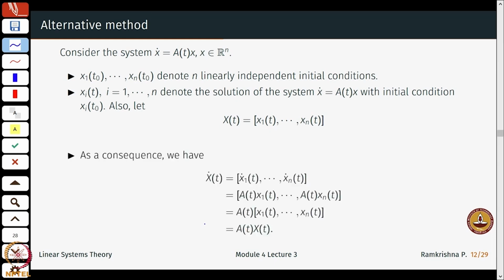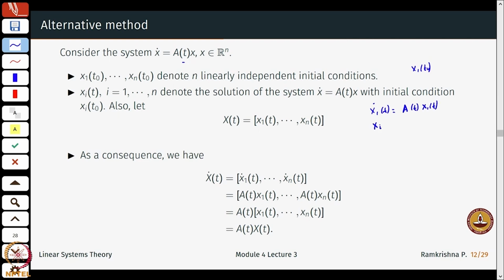As a consequence, if I differentiate this, x dot is of course the differentiation of each of these. Now, what does x1 dot satisfy? X1 with an initial condition x1 at t naught is also a solution of this equation, so I will have x1 dot of t equal to A of t x1 of t.